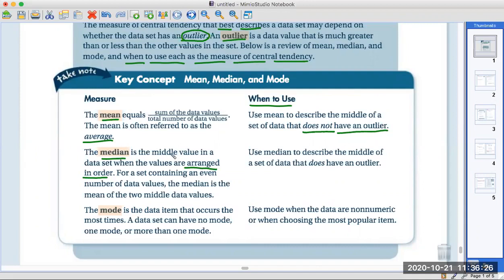Then you take those 2 and find the average. If it's an odd number data set, like 13 numbers, you have 1 in the middle. Okay, and that's the median. The median, use the median to describe the data set if it does have an outlier. So if there is an outlier, use the median.